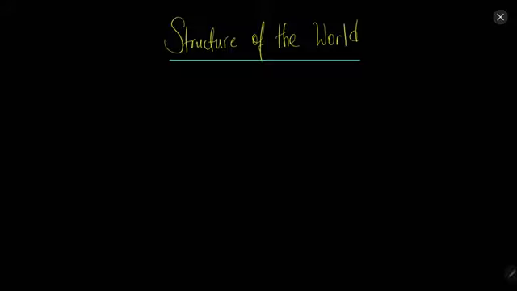So initially everybody thought that everything is made up of 5 elements. The first theory was of 5 elements. So people used to think, let's say, what is wood made up of, or what is paper made up of, or what is soil made up of, what is water made up of, or what the human body is made up of, or anything in the universe is made up of.